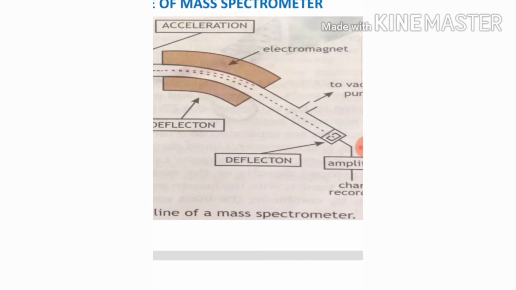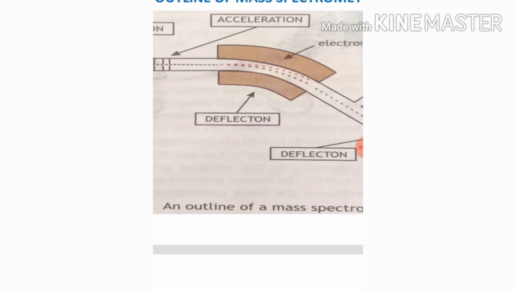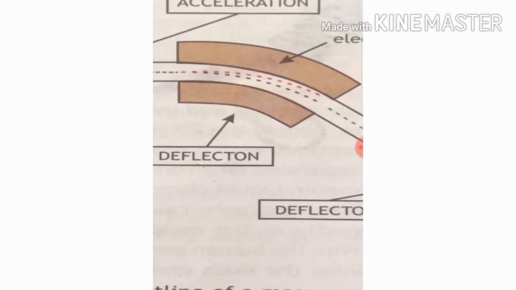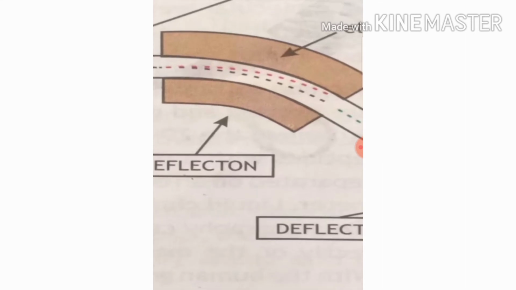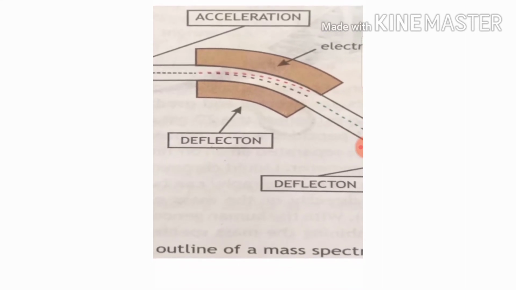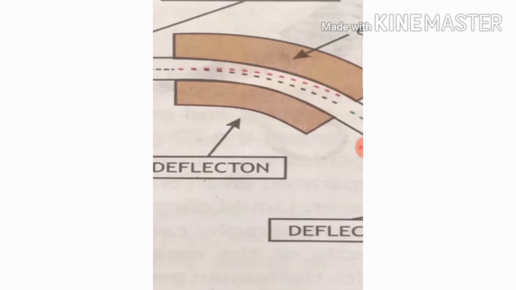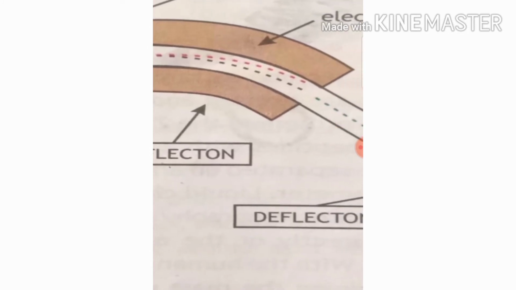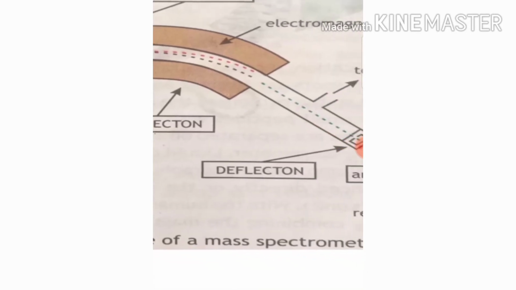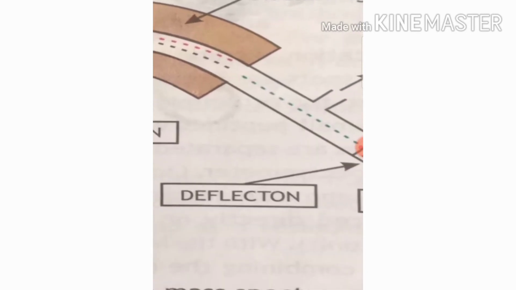In the middle portion there is a strong electromagnet, the presence of electric and magnetic field. The charged ions, due to different mass and different energy on each ion, are deflected differentially.